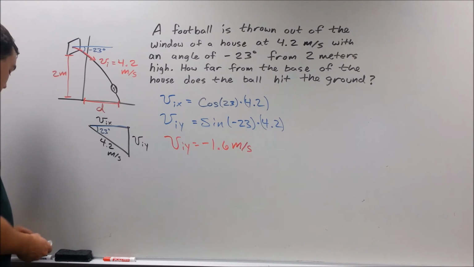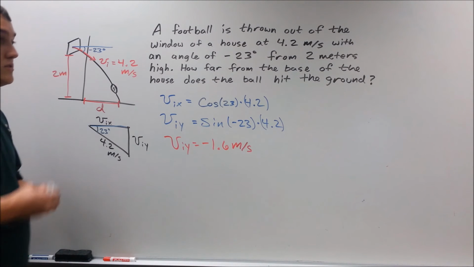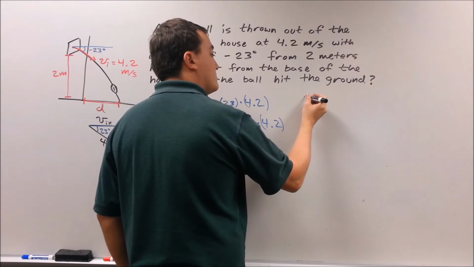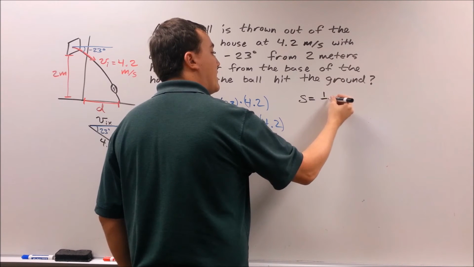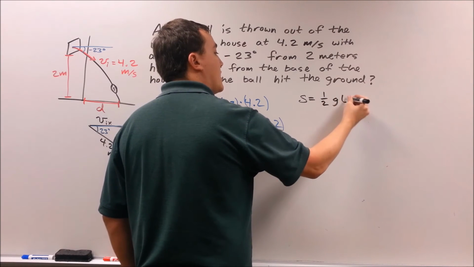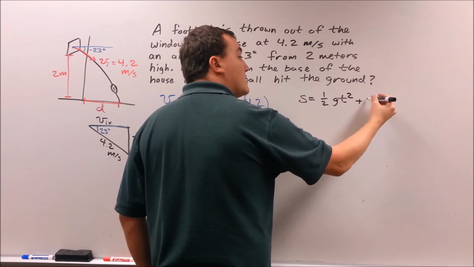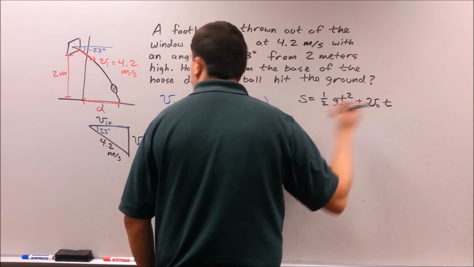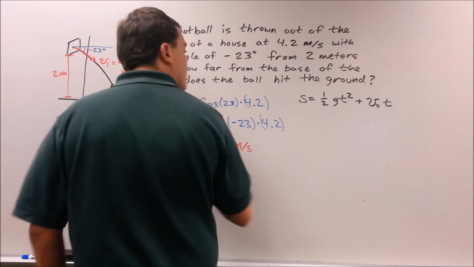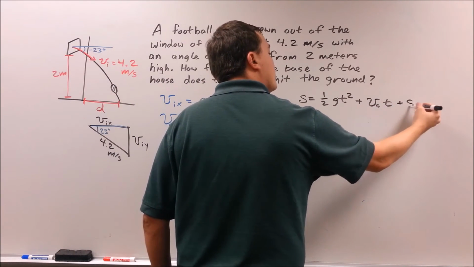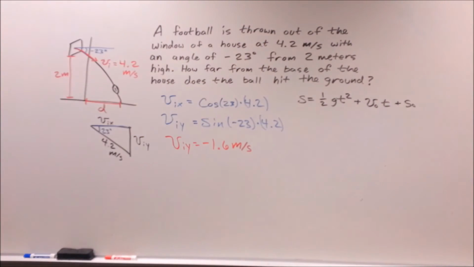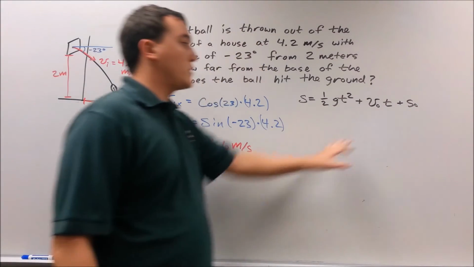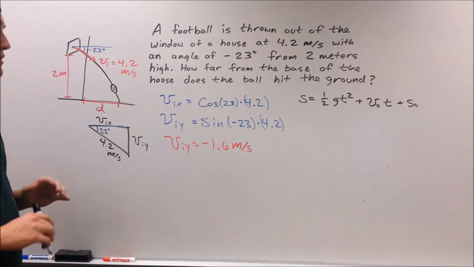So we use the traditional distance formula. S equals 1/2 gravity times time squared plus initial velocity times t plus the initial distance. Okay. So we just plug in what we have.